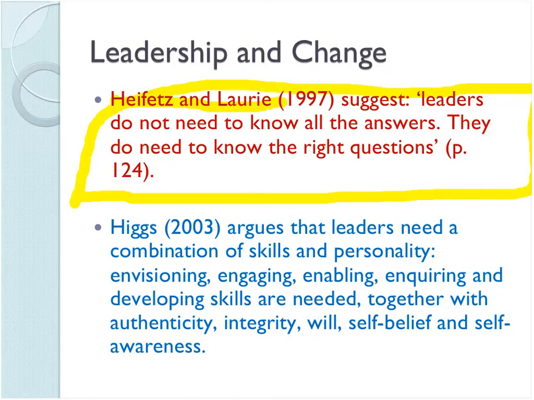If we have problems in the organization, as a leader you can influence and direct the other members to achieve problem solving, giving the right question to influence, to direct, to motivate.